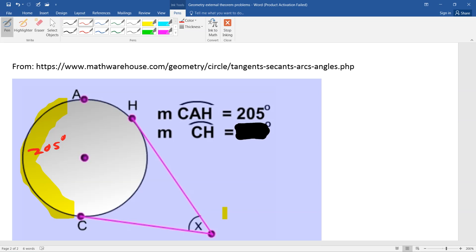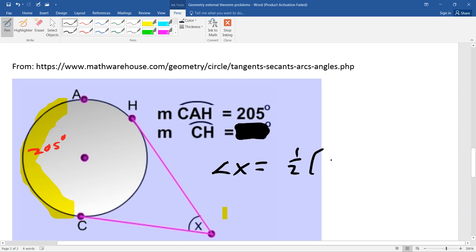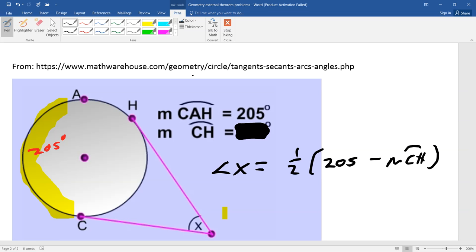If we're missing two pieces of information, we need two equations. One equation is the same thing as before: the measure of x is 1/2 the measure of the big arc minus the measure of the smaller arc, CH. So we have one equation and two unknowns. The thing to always remember in a circle is that the total measure of the arc around the entire circle is 360.